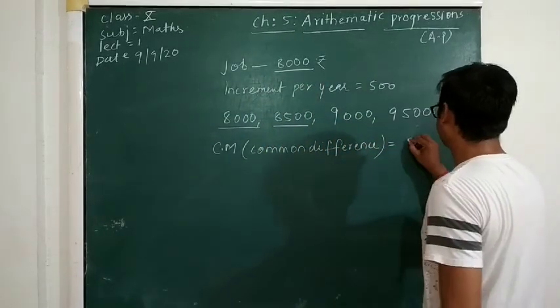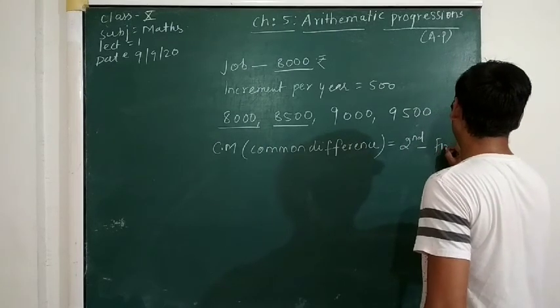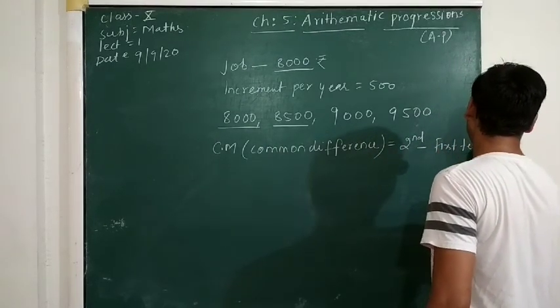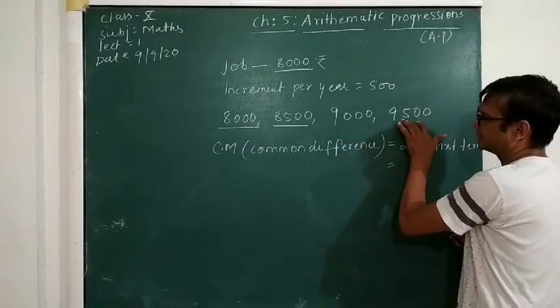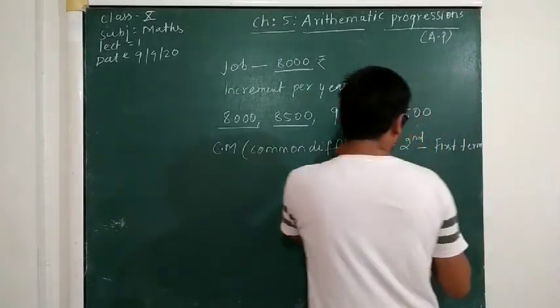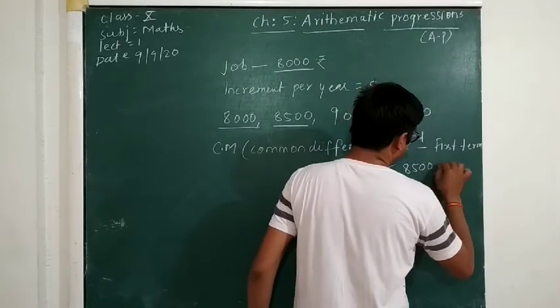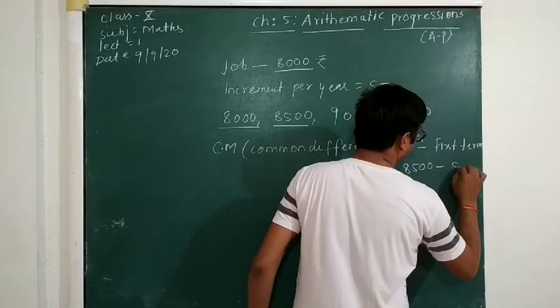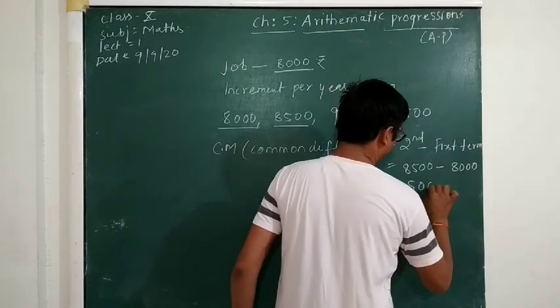You can find it by taking any term, for example the fourth term minus the second term. We will find the same difference in every case. So it will be 500.